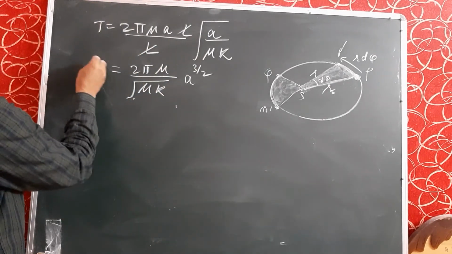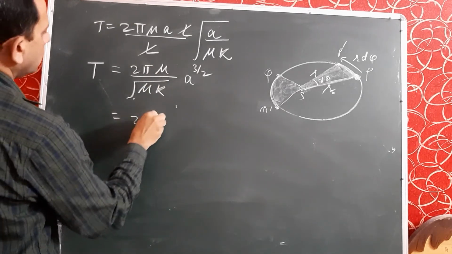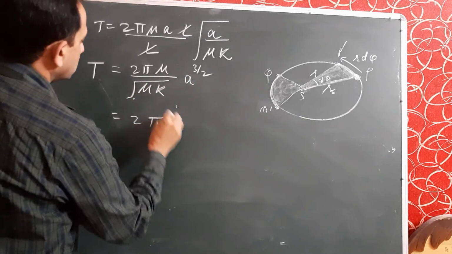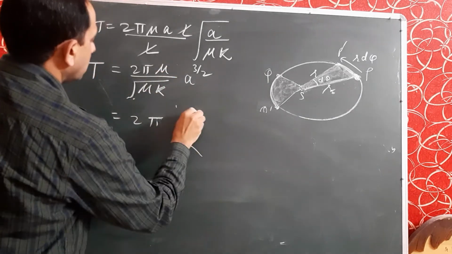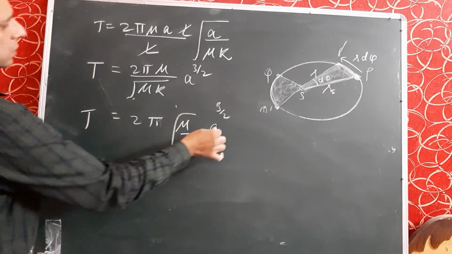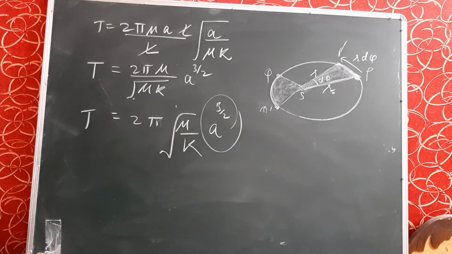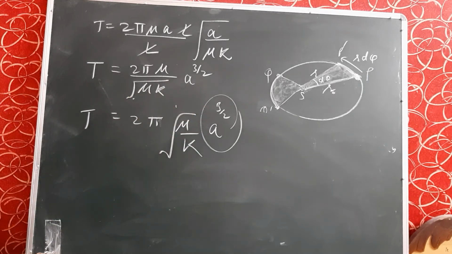This mu k may be cancelled out with 2 pi mu, that is mu by k under root and a raised to power 3. So we are only concerned with the value of a and others are constant. So T is some constant into a power 3 by 2.